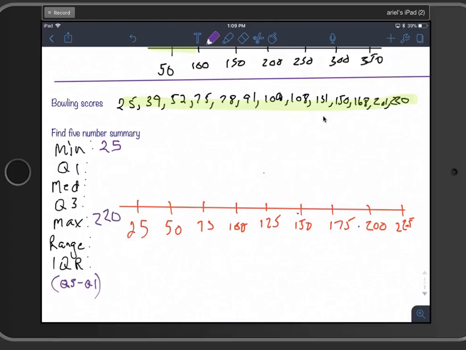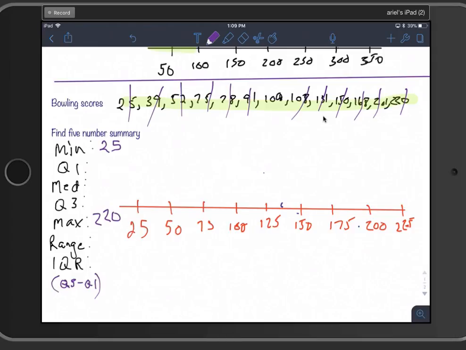The median, well, you'd have to, of course, do the crossed out method, which would be 109, which would be right around here.